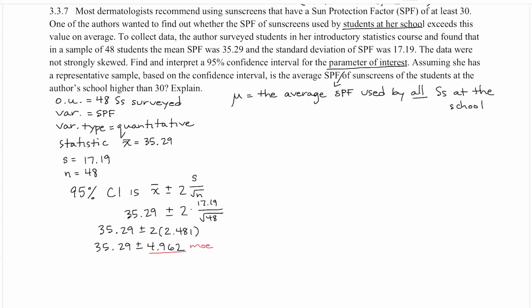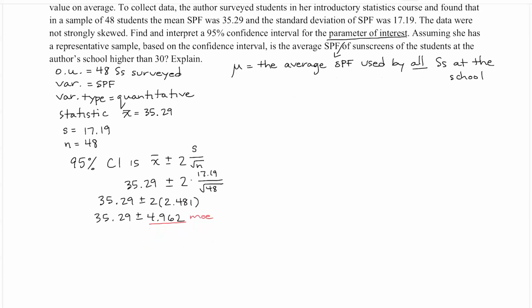Now the confidence interval is in the form statistic plus or minus margin of error. So the margin of error is the 4.962. Then we have to work with the plus or minus, so we're going to separately calculate 35.29 minus 4.962, and then 35.29 plus 4.962.